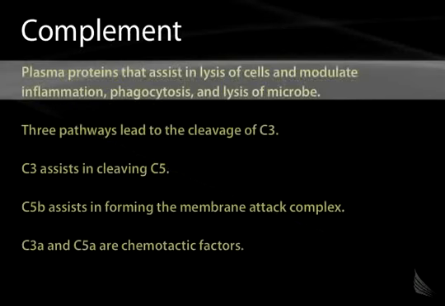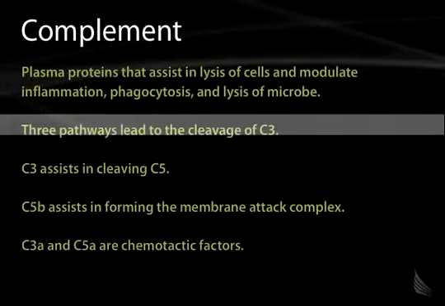Complement is a set of plasma proteins that assist in the lysis of cells, and they also modulate inflammation, phagocytosis, and lysis of microbes. The main purpose of complement is to be an antimicrobial system. There's basically three pathways that lead from the identification of a microbe to the activation and cleavage of a protein called C3.